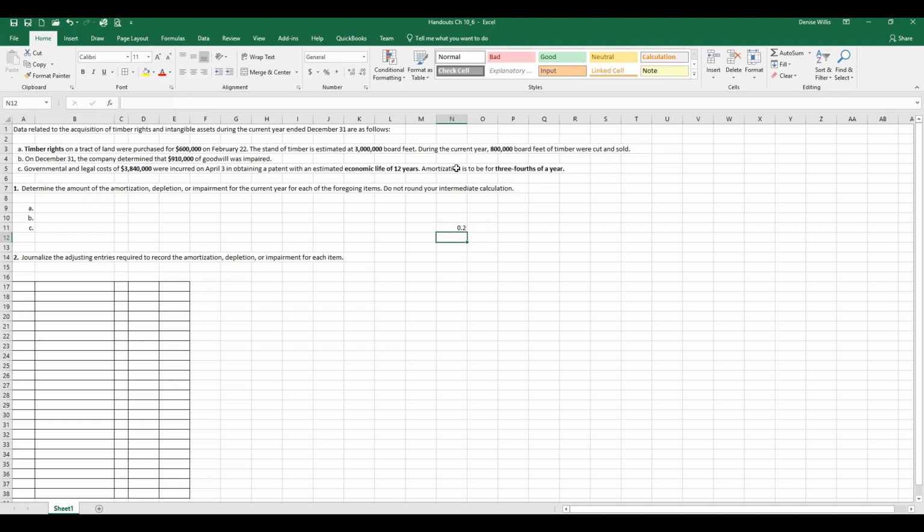That right there gives us a rate. So for every board foot of timber that we take out, we're going to give it 20 cents worth of depletion. Let me copy that down and show you the formula again.